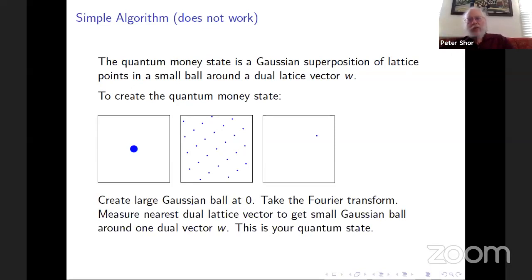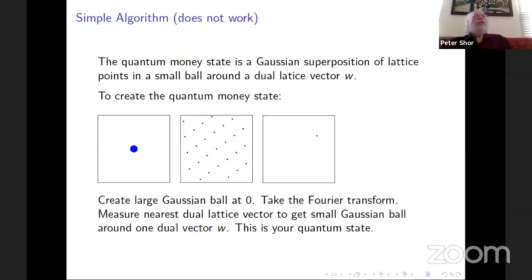So the first thing you do when you get your quantum money is you measure and ask, is this state close to the dual lattice vector? If it's not a superposition of states close to the dual lattice vector, you will have a reasonable probability of getting a no to this verification test. So now you know it's a whole bunch of states near the small Gaussian ball, or near the dual lattice vector.